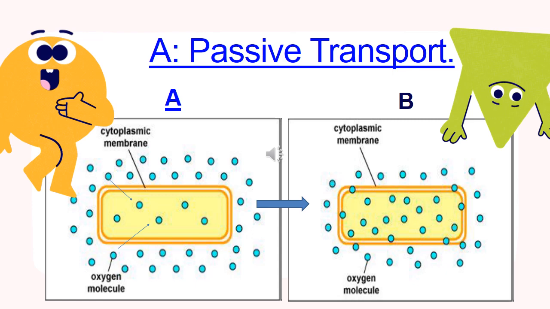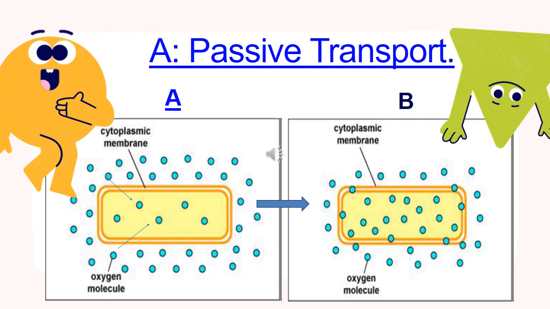As you can see in the figure, pumasok na po yung oxygen molecules natin inside the cell. So that's considered to be passive transport, in which there is a movement of oxygen molecules from an area of higher concentration to an area of lower concentration.